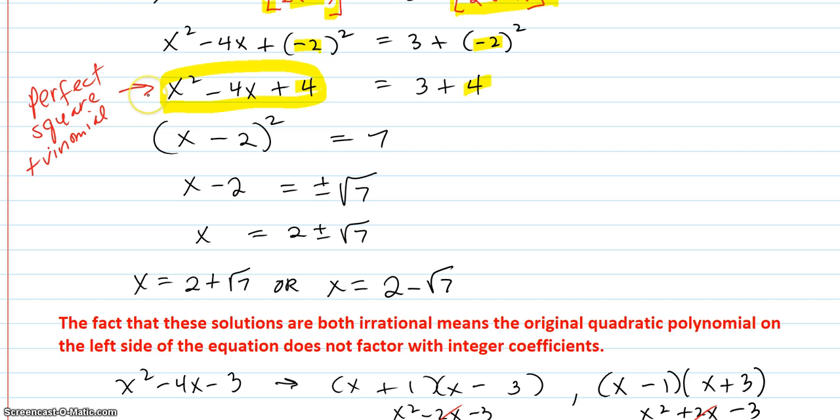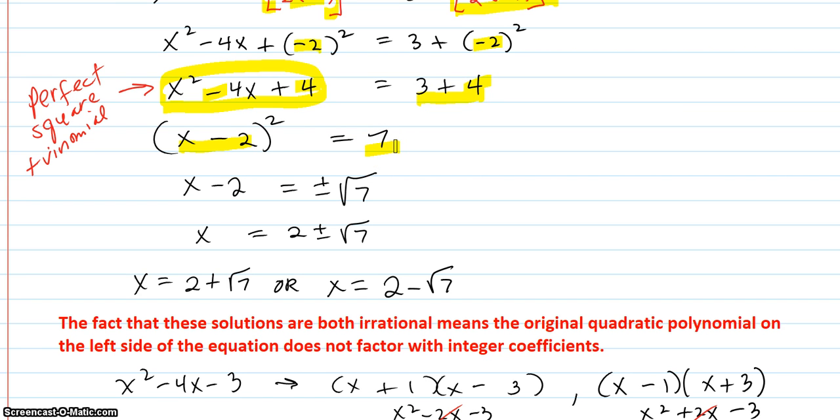So it comes from a squared out binomial, and you can see that square root of 4 is 2, and there's got to be a minus sign there, so you have to go x minus 2 squared, and you can square it out quick as a check. X squared multiplied together, -2x, -2x doubled is -4x, -2 squared is 4. Then on the right side, 3 plus 4 is 7.